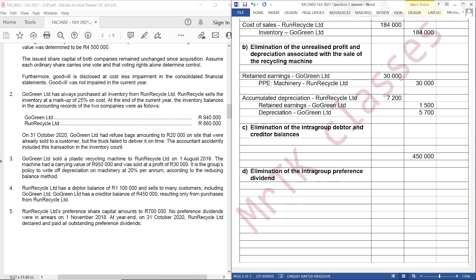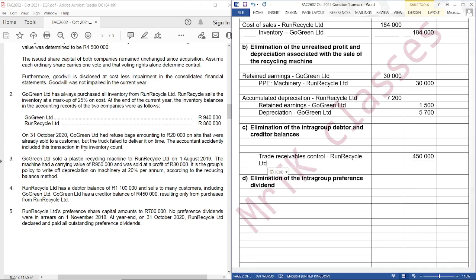So in the books of Run Recycle Limited, this is a debtor balance, right? So debtors are assets. So if we need to eliminate them, we are going to credit them. So we are going to say trade receivables control, right? This is also called debtors control, and this is in the books of Run Recycle Limited, right? We can see that here.